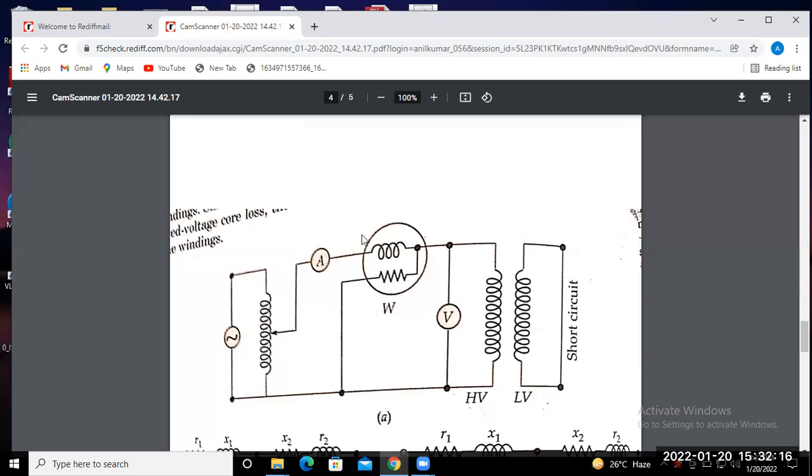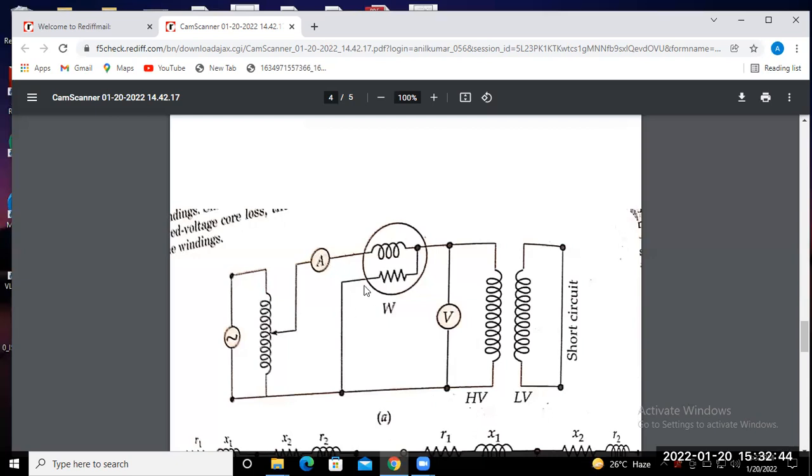During the short circuit period, we consider only the ohmic losses of the transformer, and the core loss is negligible because the voltage required is very small, just the reverse of the no load test that I explained, where core loss depends on the square of the applied voltage.